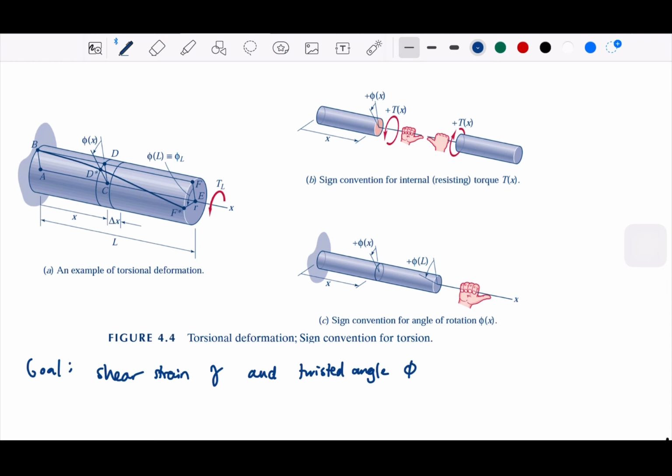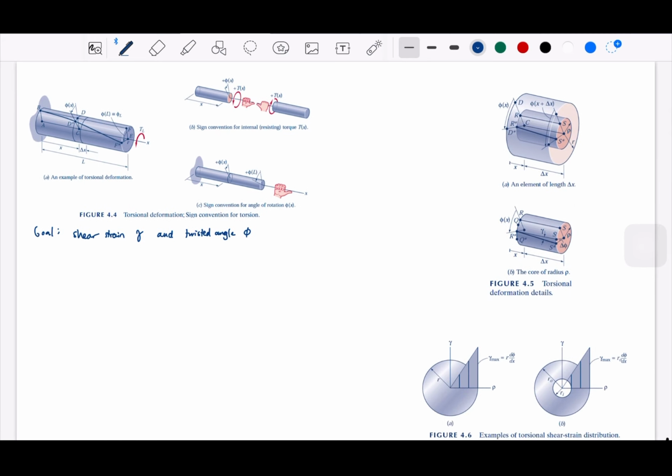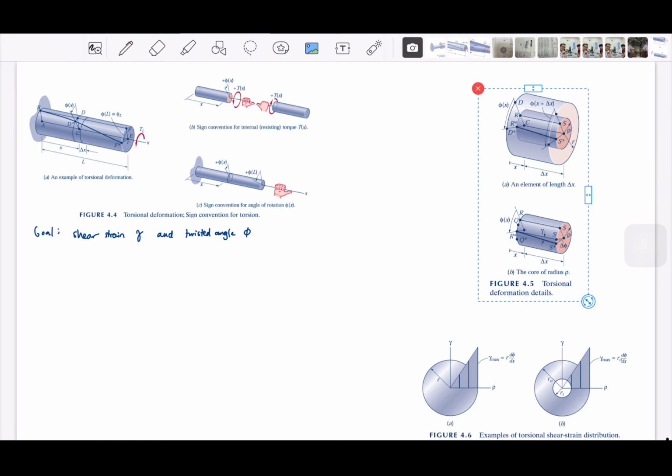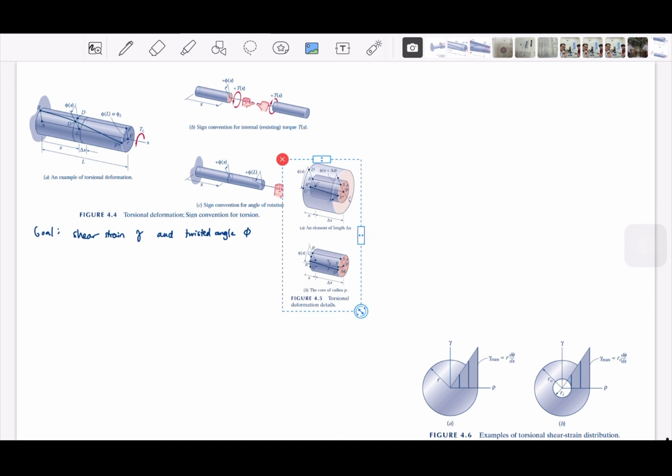Now to relate the shear strain, let's say we are going to observe a small element of length delta x. Okay, let's say this is our element. So we put it away and we are going to zoom in, and let me maybe write a little bit here.